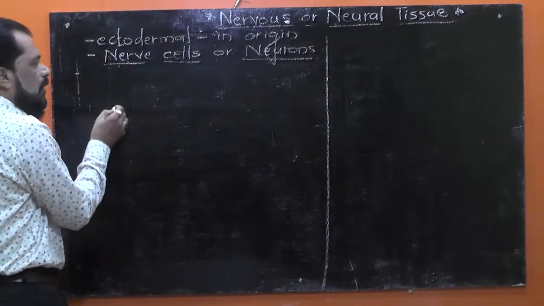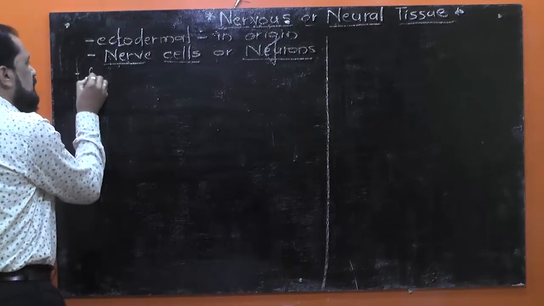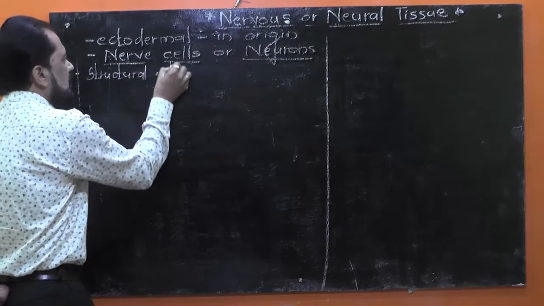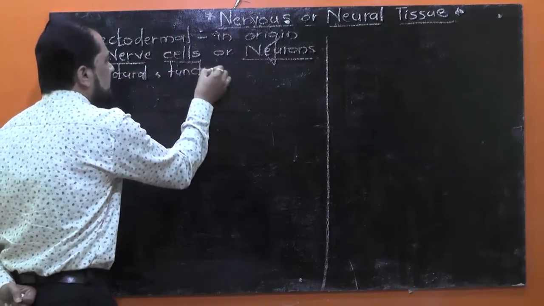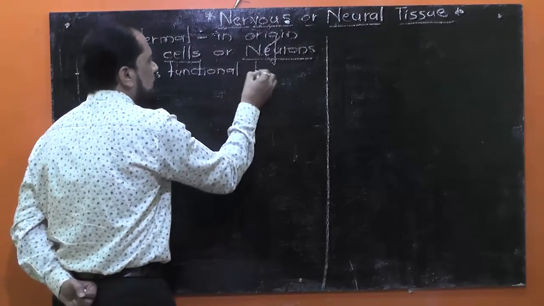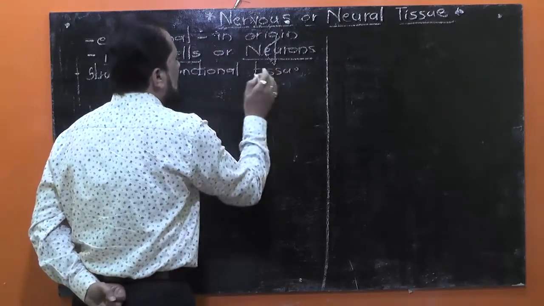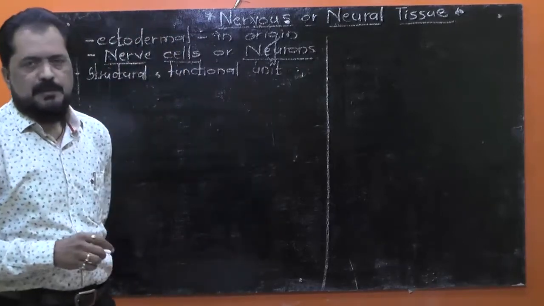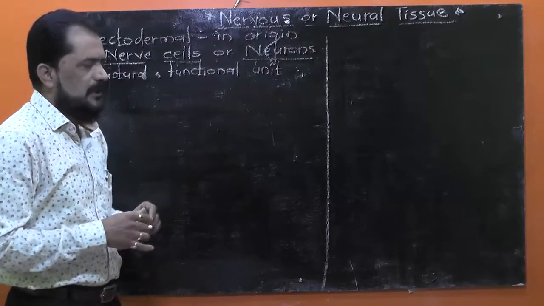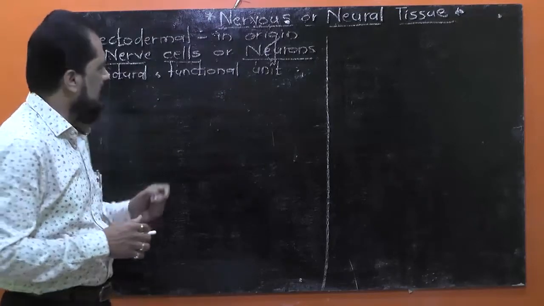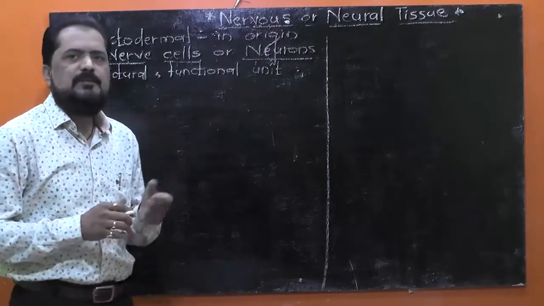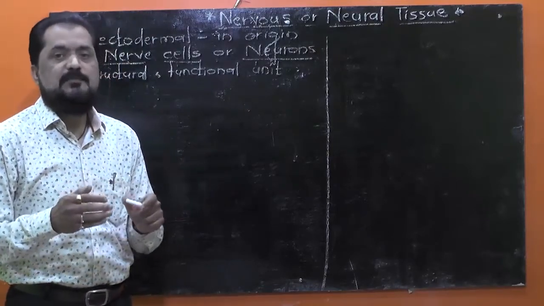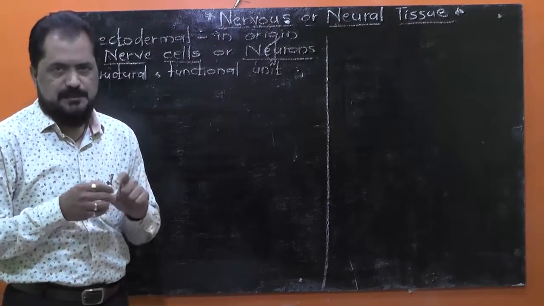The nerve cell or neuron is called the basic structural and functional unit of nervous tissue, and so the structural and functional unit of nervous system.